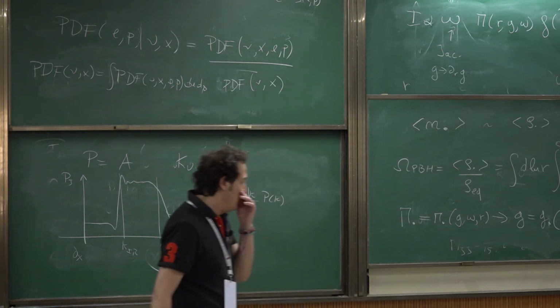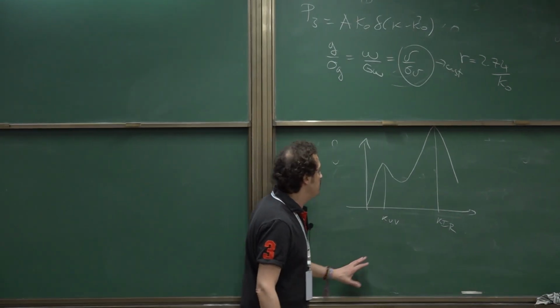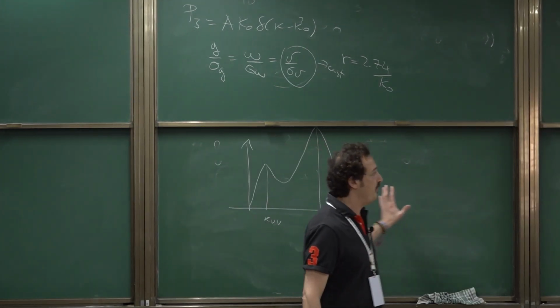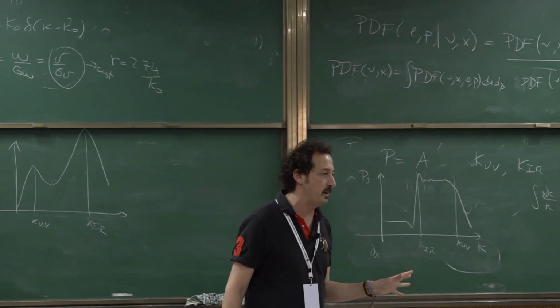So what happens is this. This is very interesting because it changes completely everything that we think about constraints on primordial black holes.